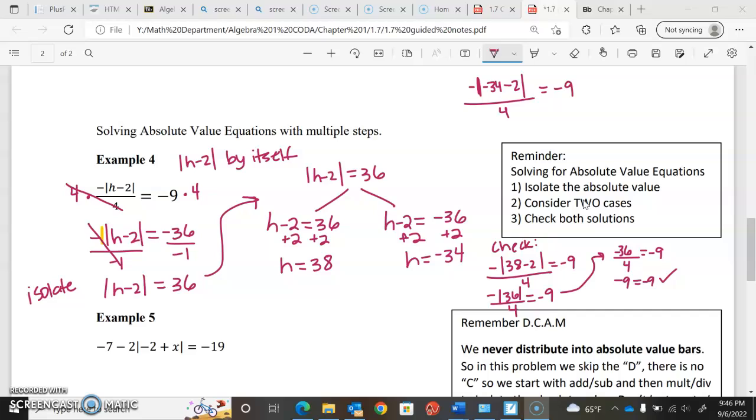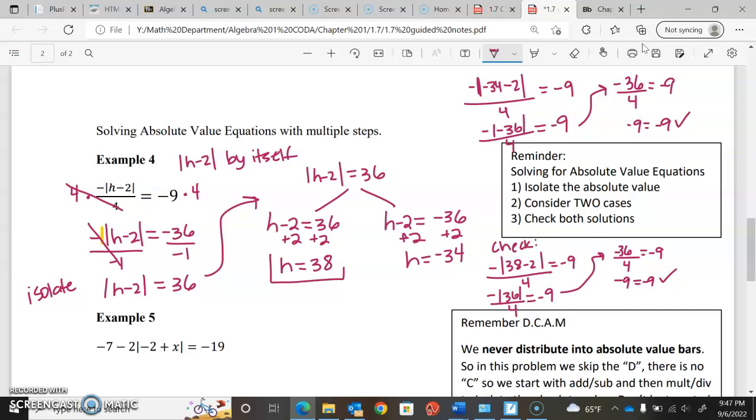So in order of operations, parentheses really is just saying any grouping symbol. So inside the absolute value, we get negative 36 this time. Then bring the negative sign down. The absolute value of negative 36 is positive 36. And then that negative out front, negative 36 divided by 4 is negative 9. So both answers are our solution. So h equals 38 and also h equals negative 34.